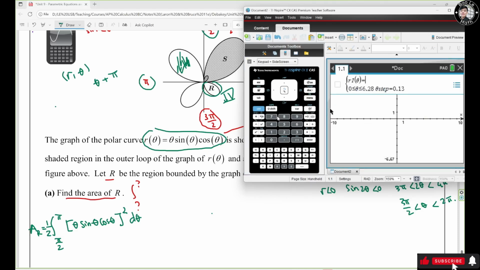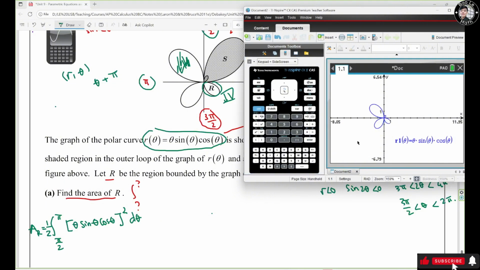Then you put theta times, make sure you put the multiplication right here, and then hit trig, put sine theta, times cosine theta.